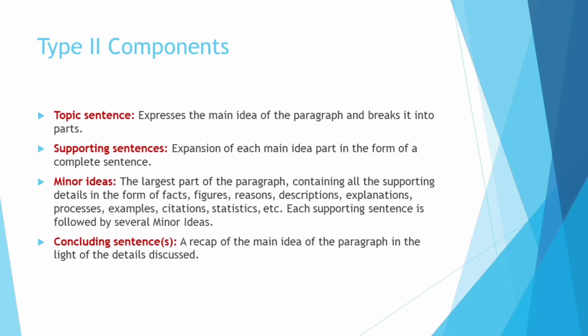And then after each one of those parts, you give all the minor ideas related to that part of the main idea. And again, these minor ideas could be facts, figures, reasons, descriptions, explanations, but they are grouped after the supporting sentence they belong to. And finally, you have a concluding sentence.